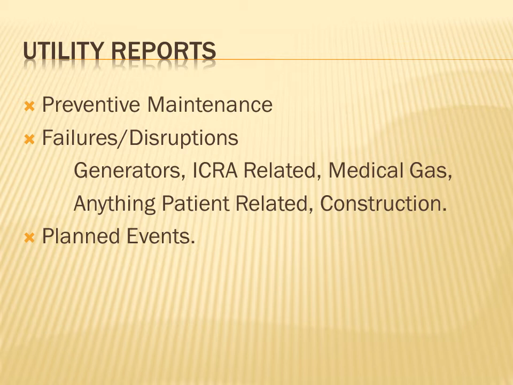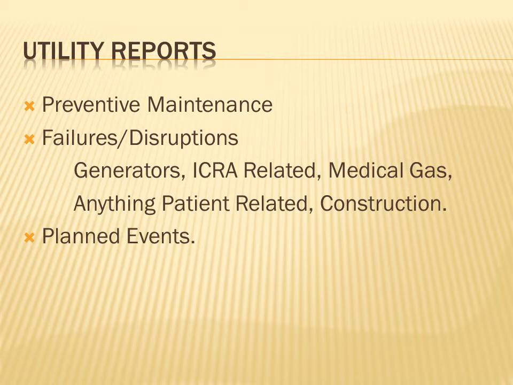Going back up to preventive maintenance, again, there are many requirements, particularly when it comes to our electrical system and our medical gas systems, that we would be including in our preventive maintenance reports. Whenever we get the generator serviced, or we're working on the medical gas system, we would have those things included in our reports. And we put planned events.